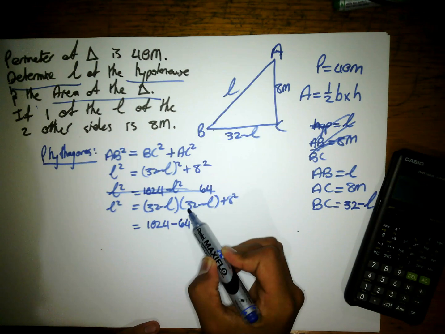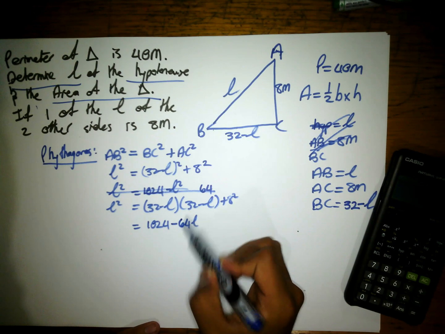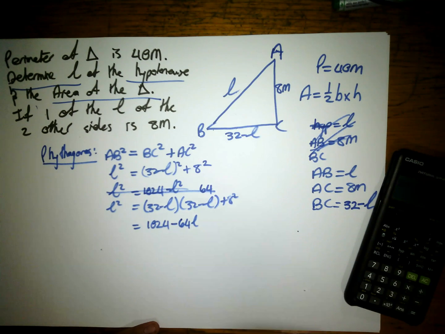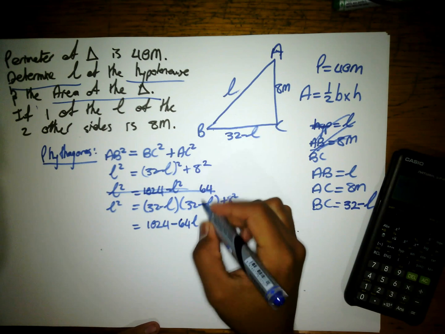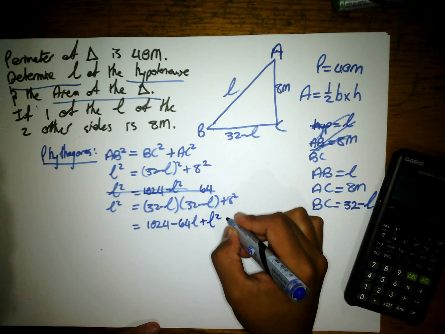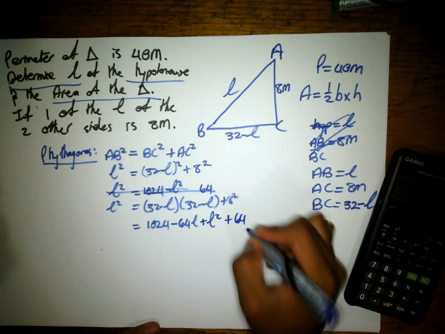Negative L times 32 is negative 64L in total. So plus L squared plus 64.